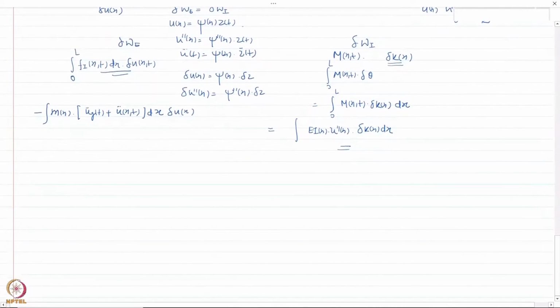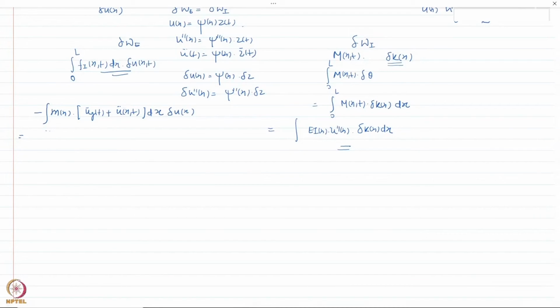Now if I simplify it further, I can take this u_g double dot out and then substitute these expressions, so I get the simplified expression for the external force.